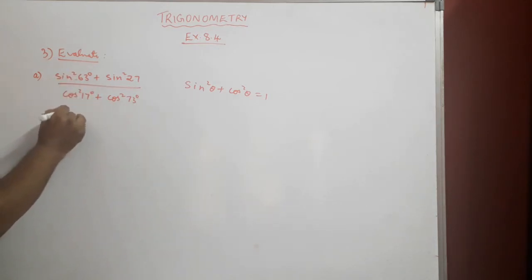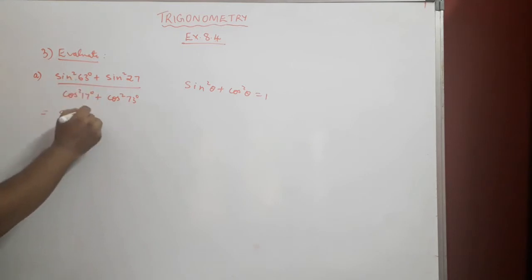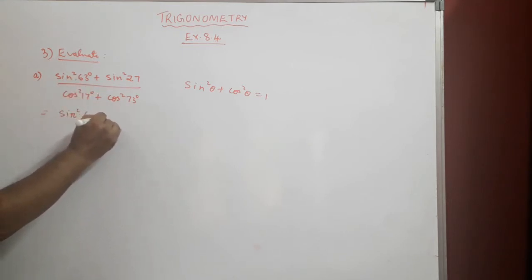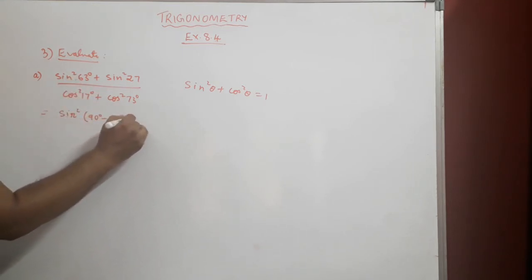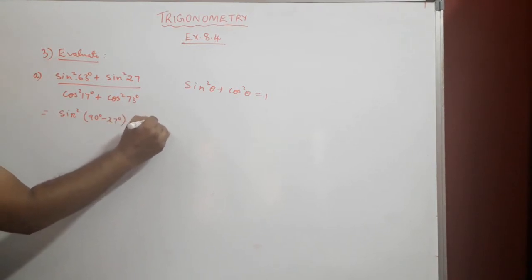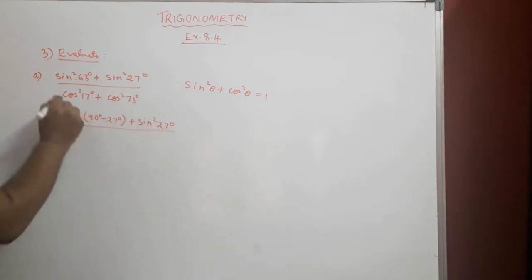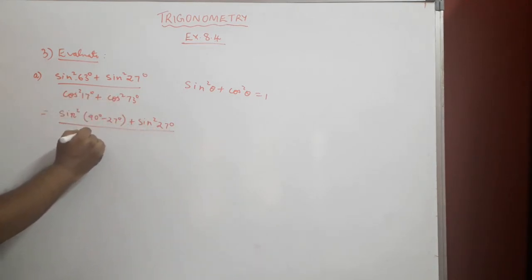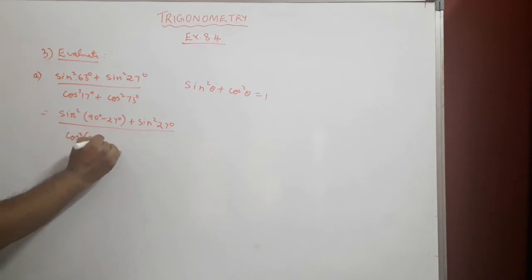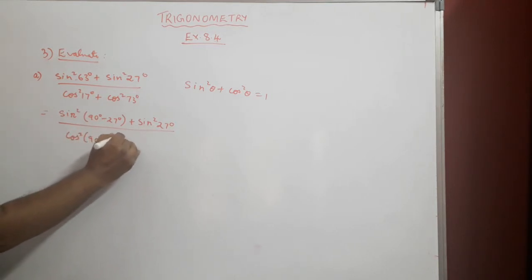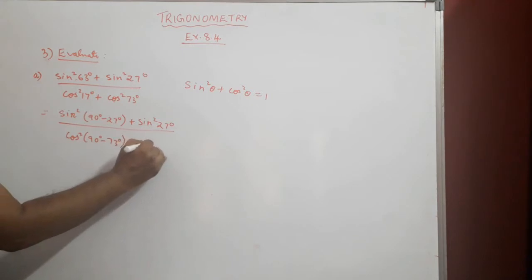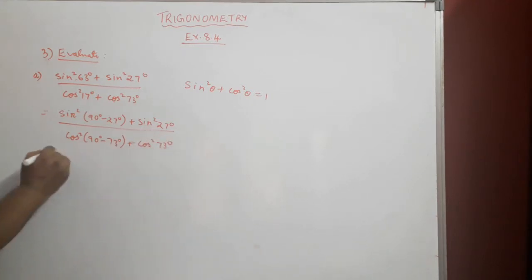Sine square 63, we can show this as sine square of 90 degrees minus 27 degrees. Okay, this can be written this way. Sine square 27 degrees, we will leave the way it is. Again, in the denominator, cos square 17 degrees can be shown as cos square of 90 degrees minus 73 degrees, and we'll leave cos square 73 degrees the way it is.